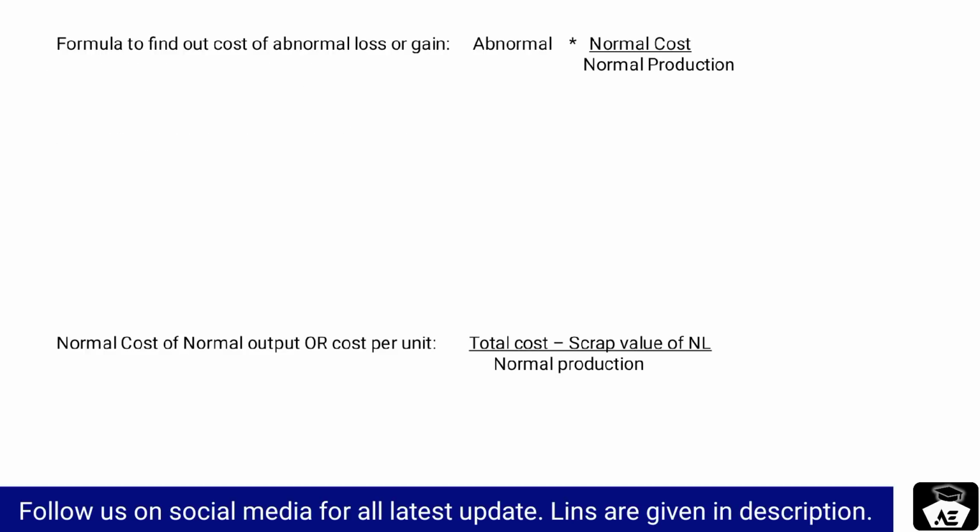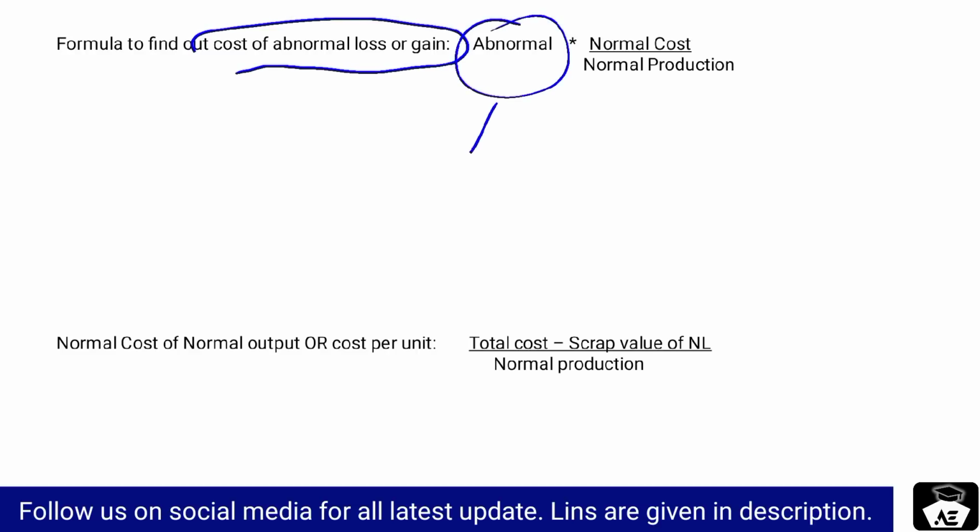Now here are two formula which is mostly used for process costing. The first one is to find out abnormal loss or gain, right? So value of abnormal loss or gain is used to find this. First, either it can be your loss or it can be your gain. So abnormal loss or gain, whichever you want to find, you can put.